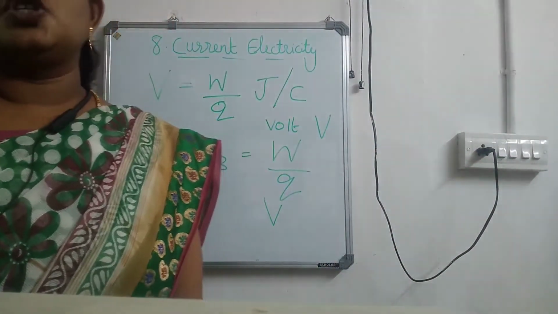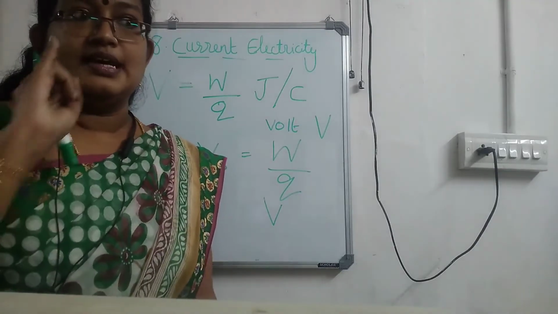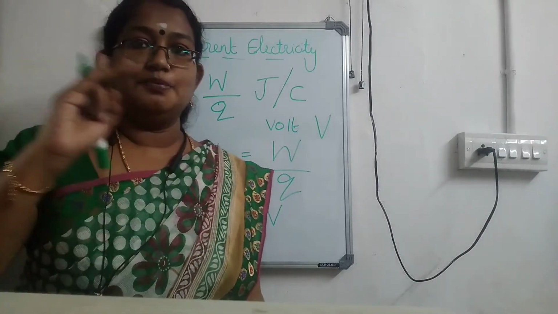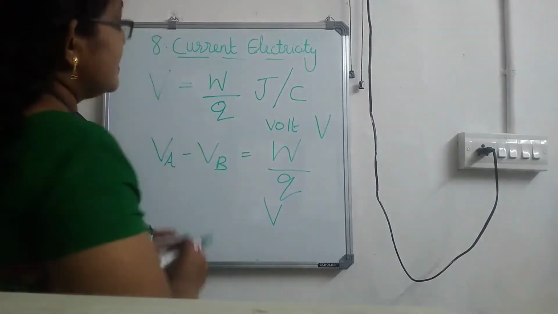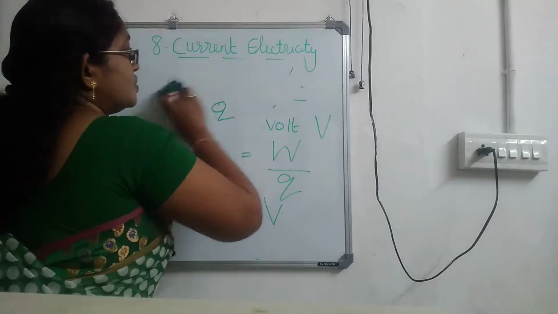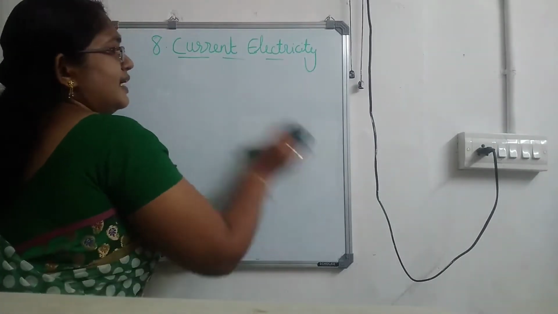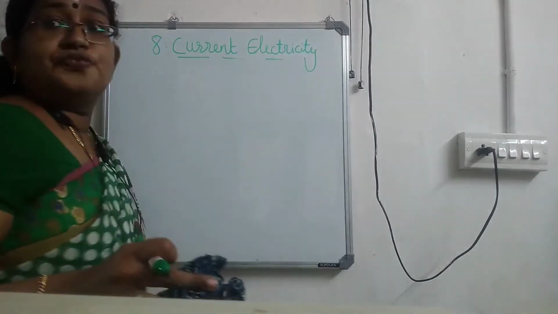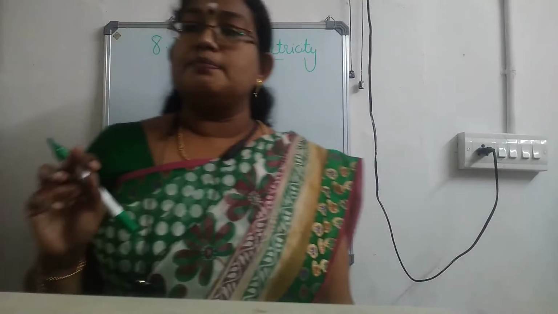Now, after potential difference, what should we learn? What is the next term? Current, charge, current, potential difference, and the next one is resistance. So we will check what is resistance. The obstruction offered to the flow of current in a conductor can be called resistance.